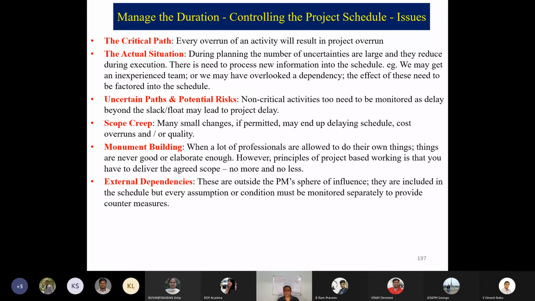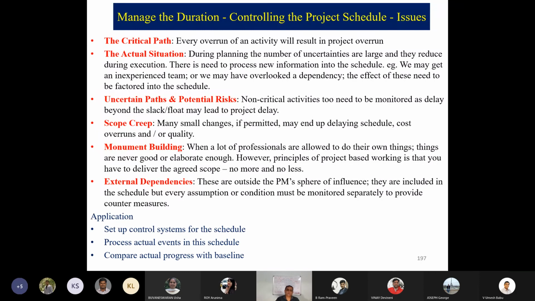External dependencies. These are outside the PM's sphere of influence. They are included in the schedule, but every assumption or condition must be monitored separately to provide countermeasures. Application: set up control systems for the schedule, process actual events in the schedule, compare actual progress with baseline.